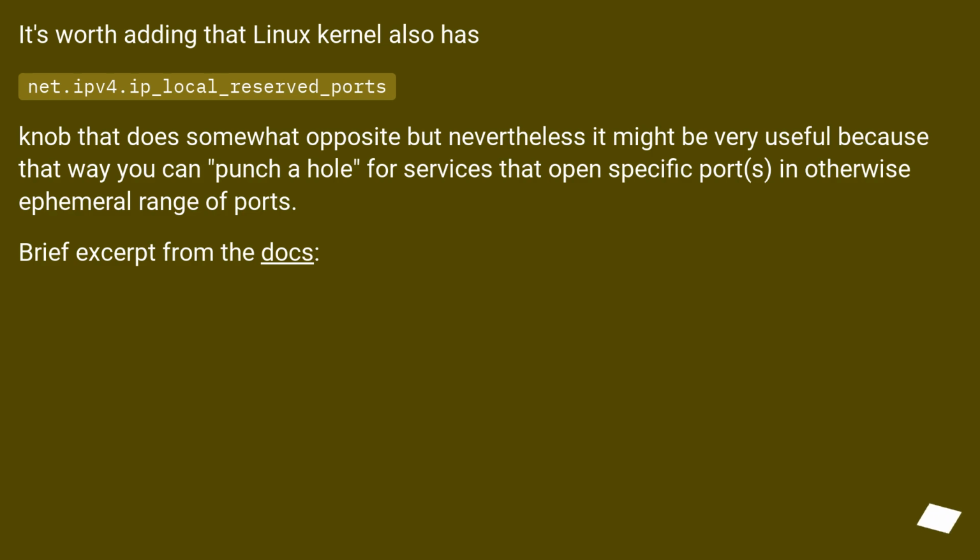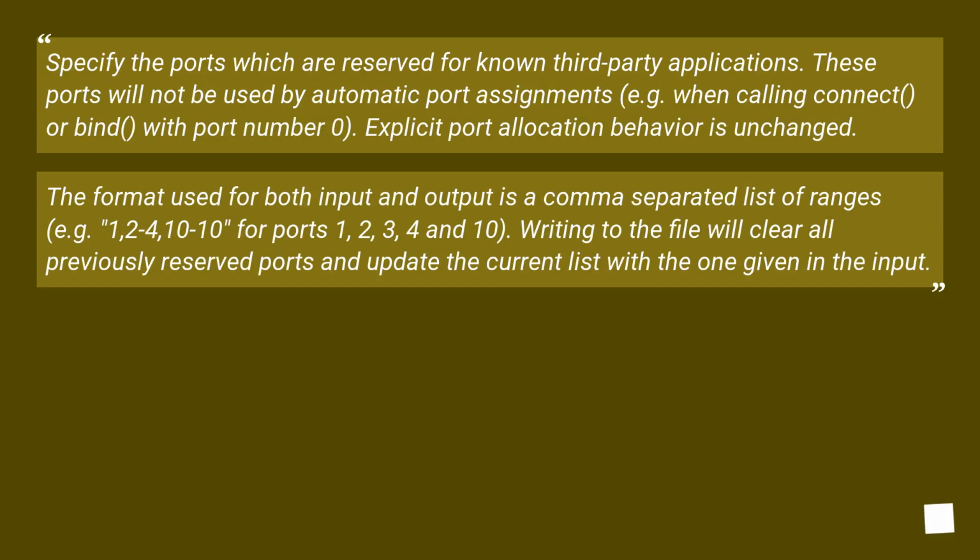Brief excerpt from the docs. Specify the ports which are reserved for known third-party applications. These ports will not be used by automatic port assignments, for example when calling connect or bind with port number 0. Explicit port allocation behavior is unchanged.